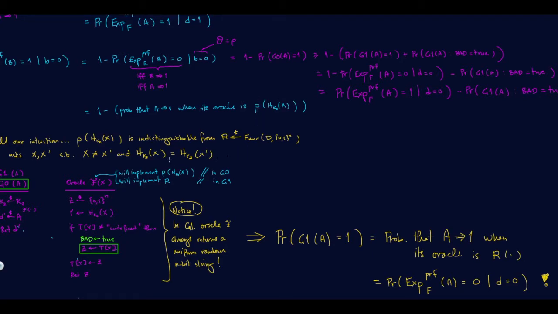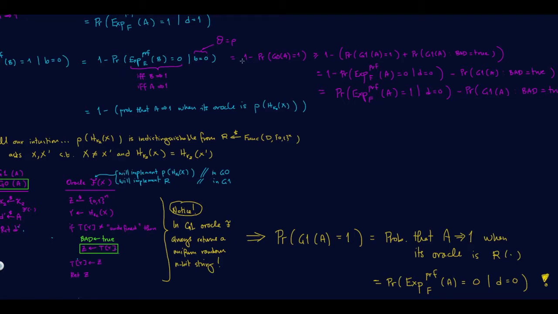And recall, that's exactly what game G0 does for A, right? So this probability here is this probability here. In words, the probability that A outputs 1 when its oracle is this thing. But by construction, that's exactly this probability, right? G0 outputs 1 when A outputs 1, and G0 implements this oracle. So we get this equality here.